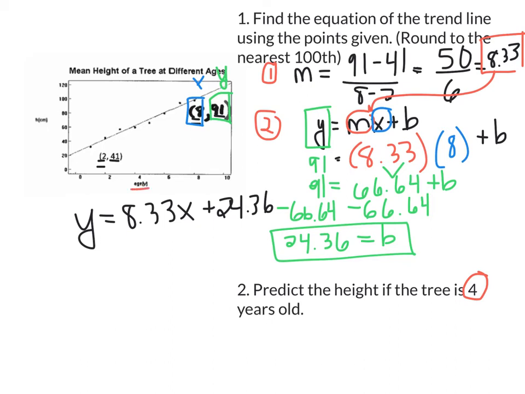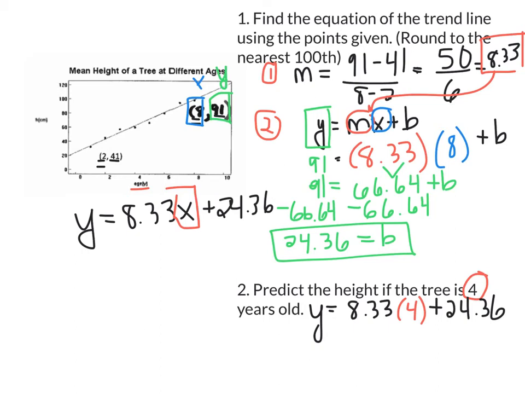So age is the x value. So I'm going to take 4 and replace x with it. So I'm going to get y equals 8.33. That's how much height the tree gains per year, times 4 years, plus 24.36. 24.36 is going to be the initial height.